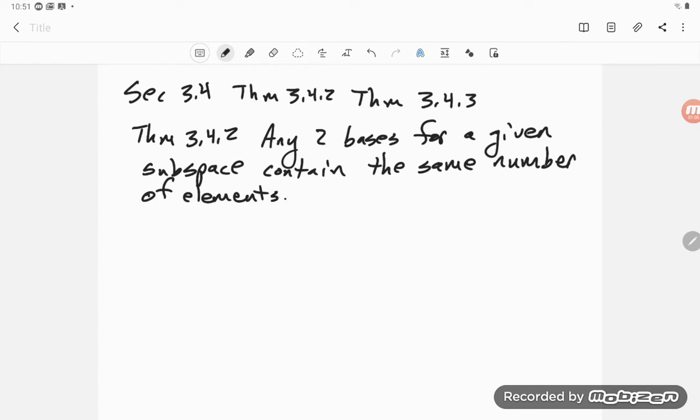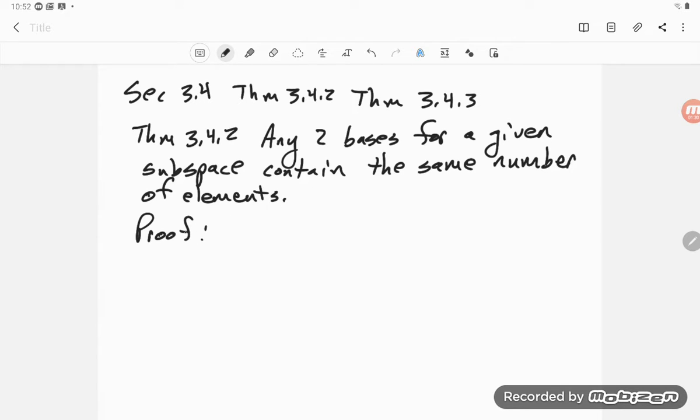So this is an important thing, because it says, hey, if I have two different bases, I know they're the same size or the same number of vectors in them. And so they give a proof, pretty short proof.